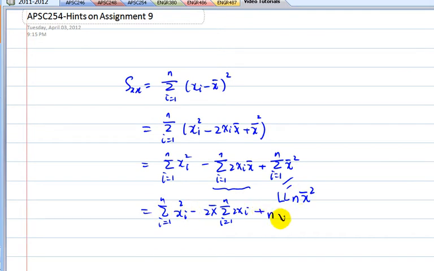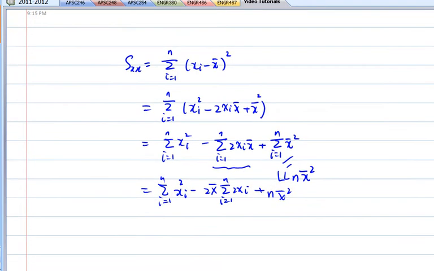So we basically end up with this. There's no 2 in here. Okay, so what is x bar, right? x bar equals 1 over n times the summation of xi. So basically now you can see I can replace this with n x bar.